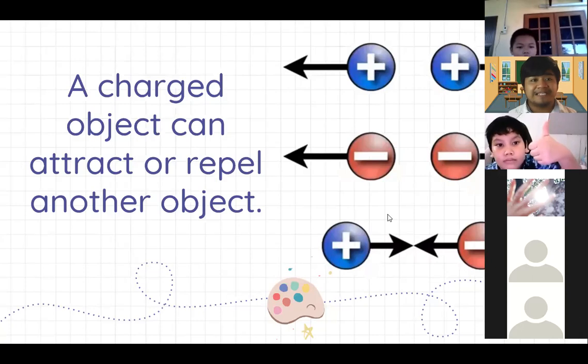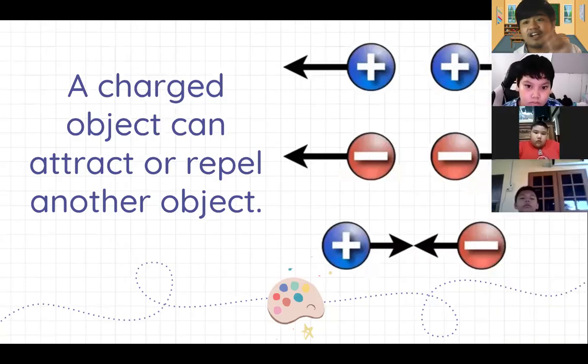That's why we always say opposite attracts. Positive and positive cannot. Negative and negative cannot. But positive and negative, they can attract each other. Do you understand?